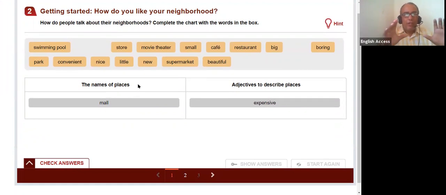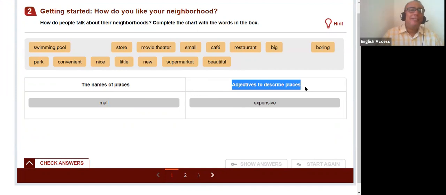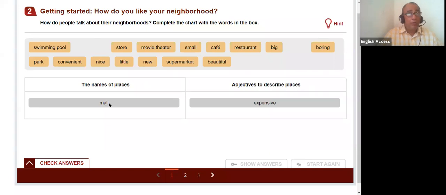We have nouns that identify the place, the name of the building or the area. And here in this column, we are going to place adjectives that describe the place. For example, mall. When you go to a mall, maybe Galerías Acapulco or Galerías Diana, a mall is expensive.